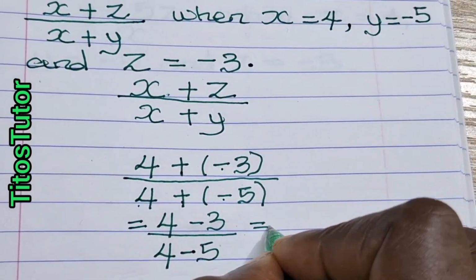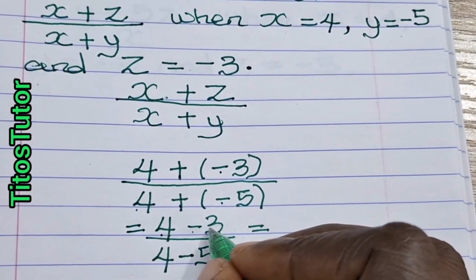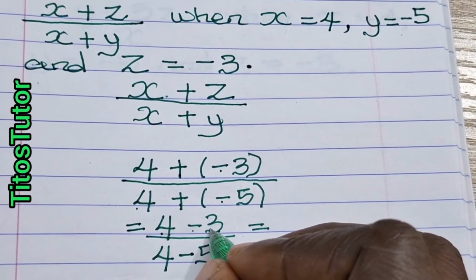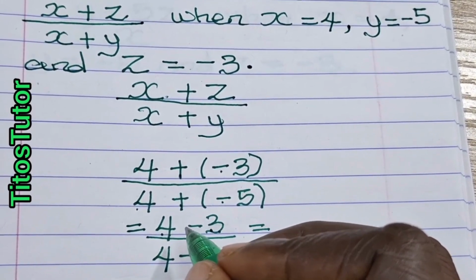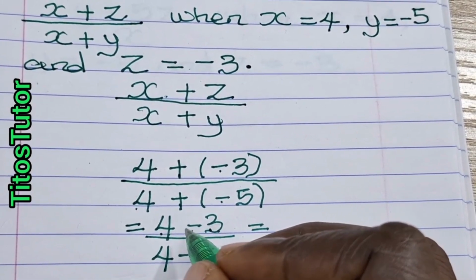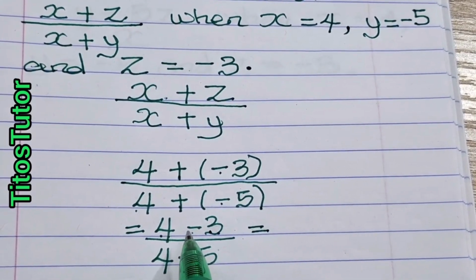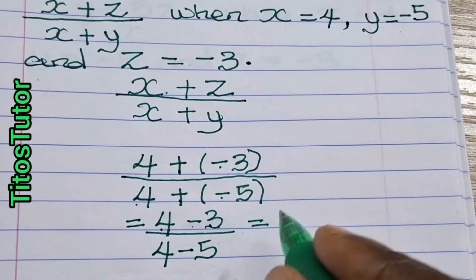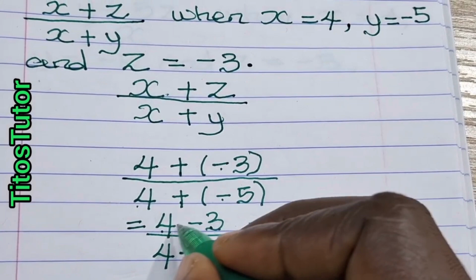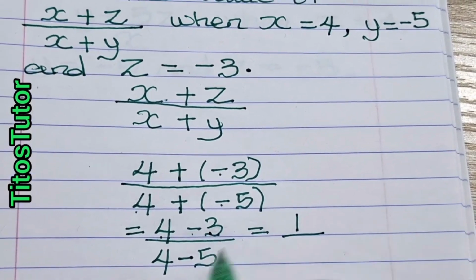So here I have 4 minus 3. 4 is positive, 3 is negative. They have two different signs, so I'll subtract, and my answer takes the sign of the larger number. So because 4 is bigger, my answer for the numerator will be positive. 4 minus 3 is 1, and it's a positive 1 all over.